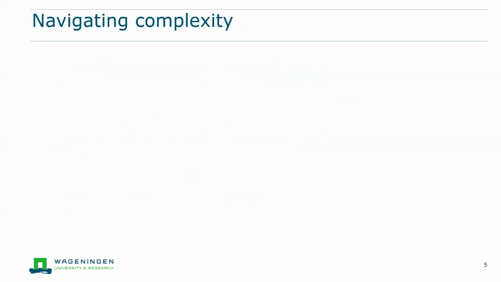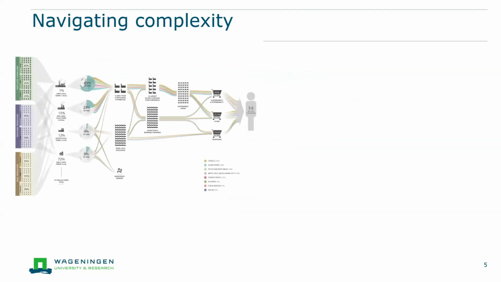One of the main purposes of doing a food system analysis is to navigate the enormous complexity of our food system. If we think about our food system, we can think of a system that is connecting millions of producers with billions of consumers through complicated value chains.